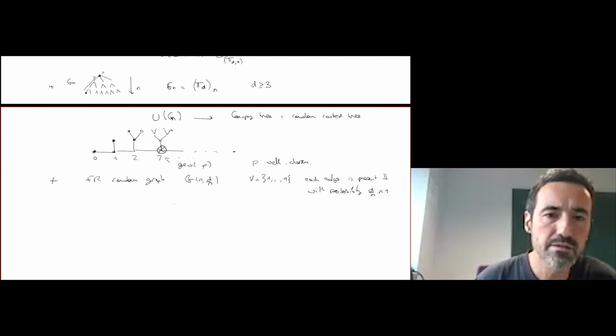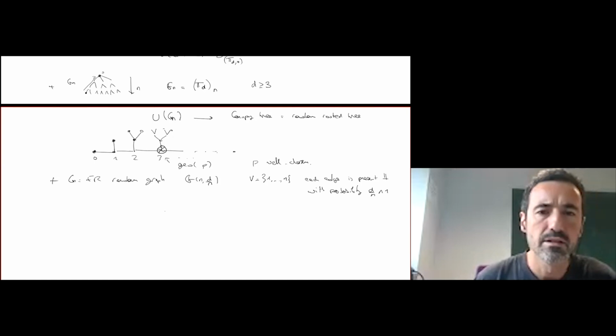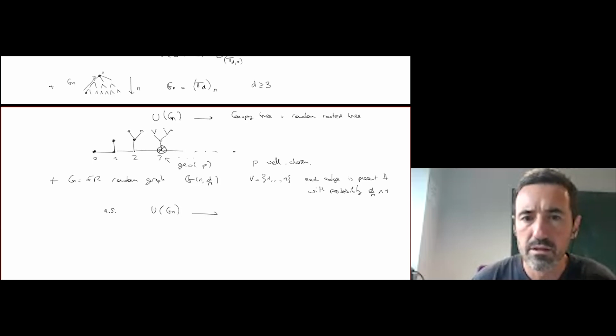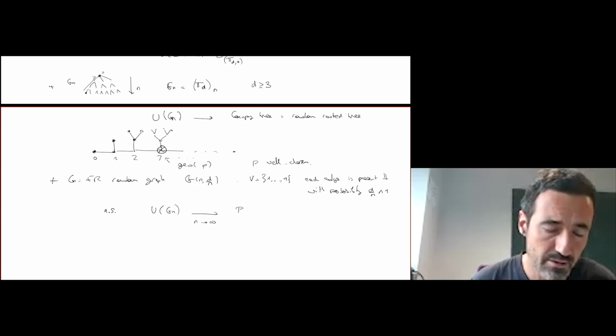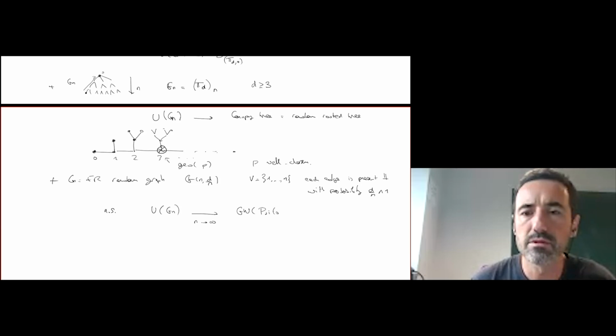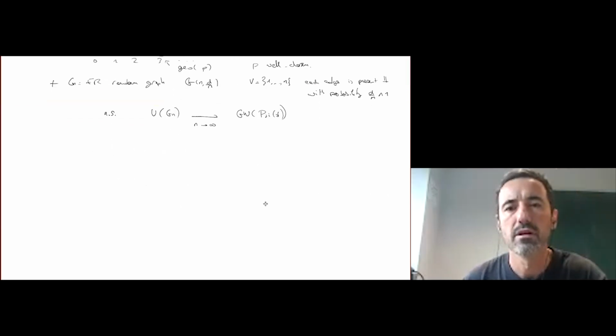If d is fixed, and we call it Gn, then since Gn is random, this is a random measure, and almost surely, as n goes to infinity, this will converge to a Galton-Watson tree with Poisson(d) offspring distribution.